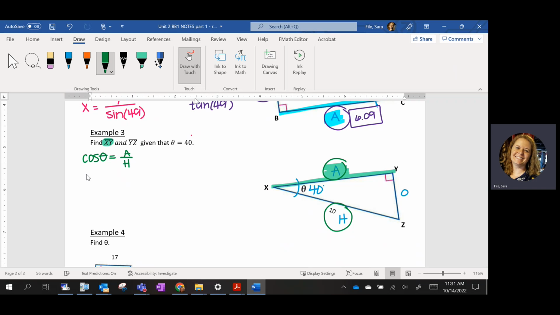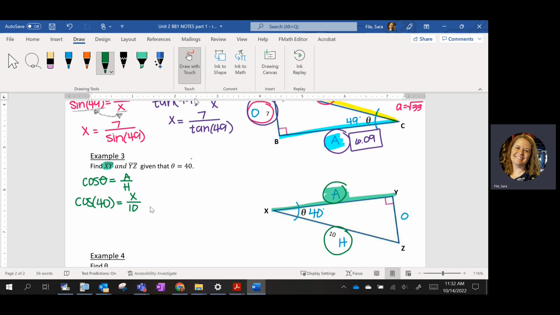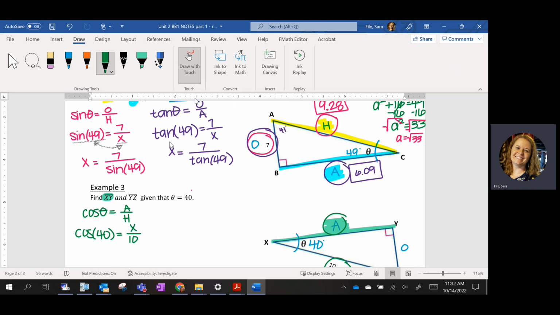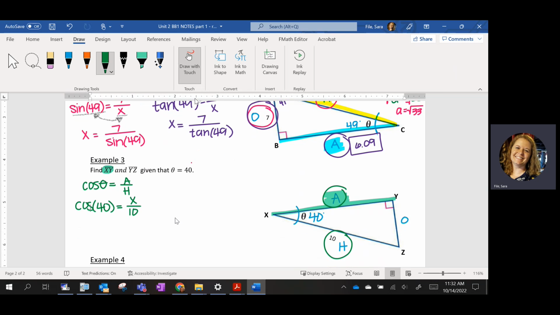So of the three, I know the angle is 40. I know the hypotenuse is 10. So what's different in this problem than the last one? Yeah, what you're missing is the numerator instead of the denominator. So when we were missing the denominator, we divide. When we're missing the numerator, what are we going to do? Yeah, we just multiply the 10 over.